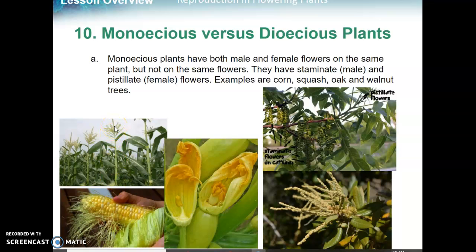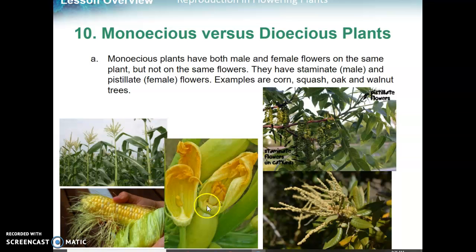The pollen has to come from here, down here, or more frequently it blows to another plant because these are wind pollinated. And each one of these kernels of corn are seeds that have to be fertilized individually from the silks. We'll talk more about this. But this is an example of a monoecious plant that has both male and female flowers on the same plant.